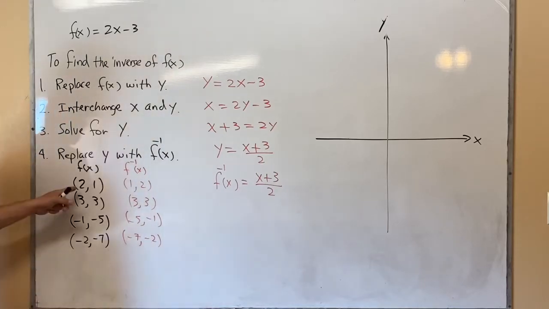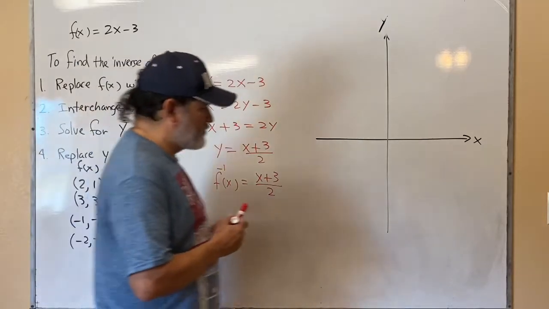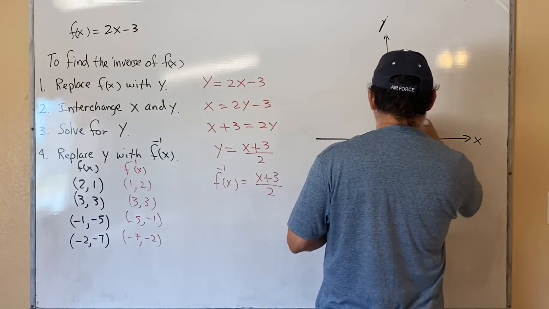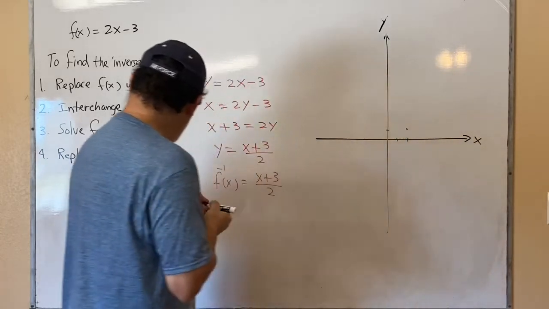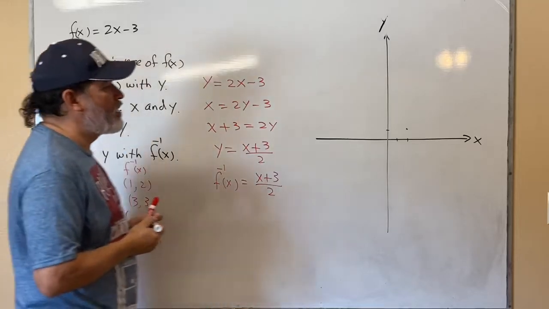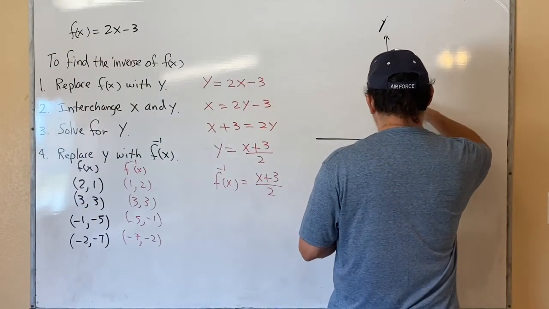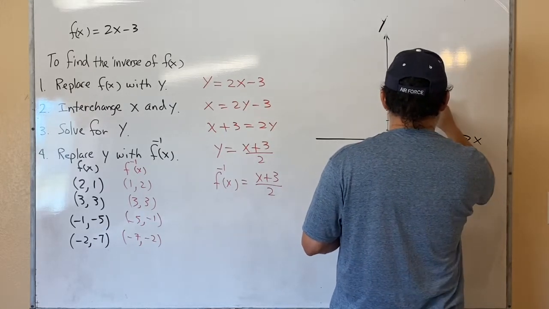Okay. Let's graph this function. You see 2, 1? 1 and 2, and we get 1, right there. You see 3, 3? 3 and 3, right there.